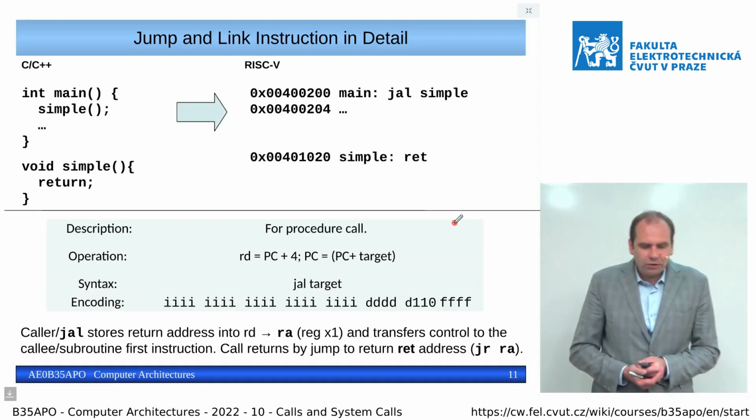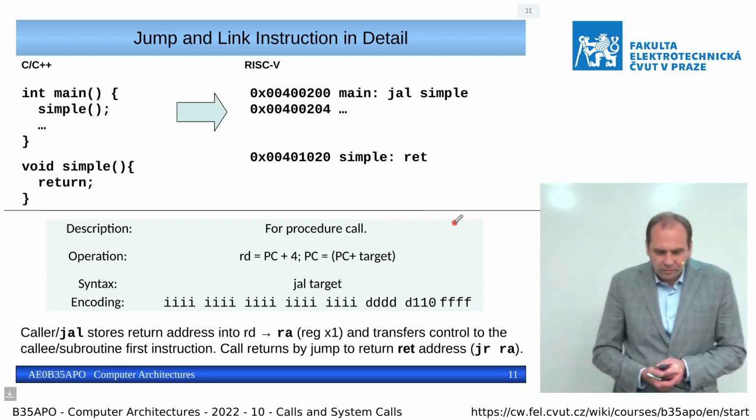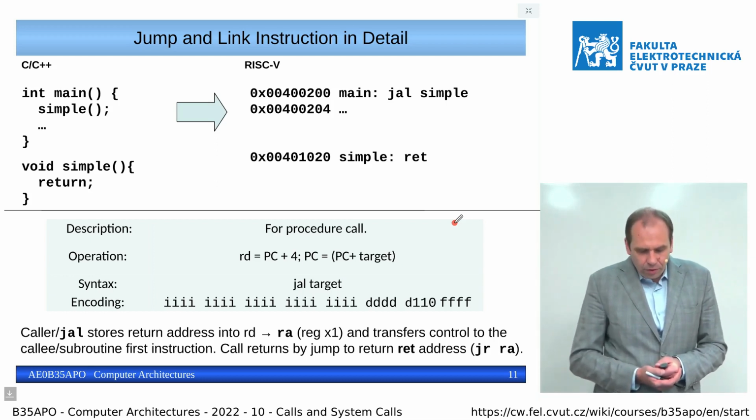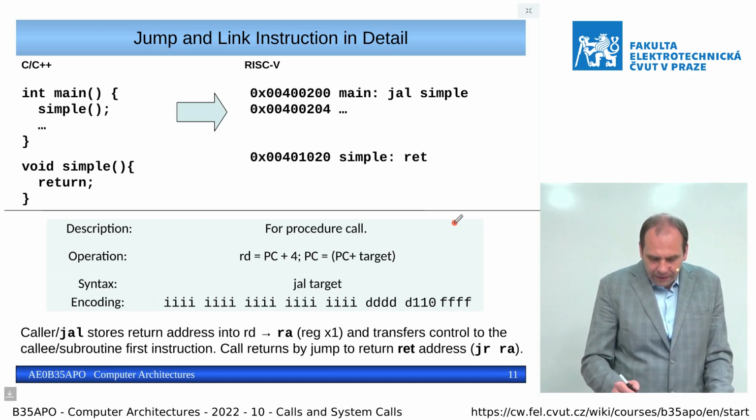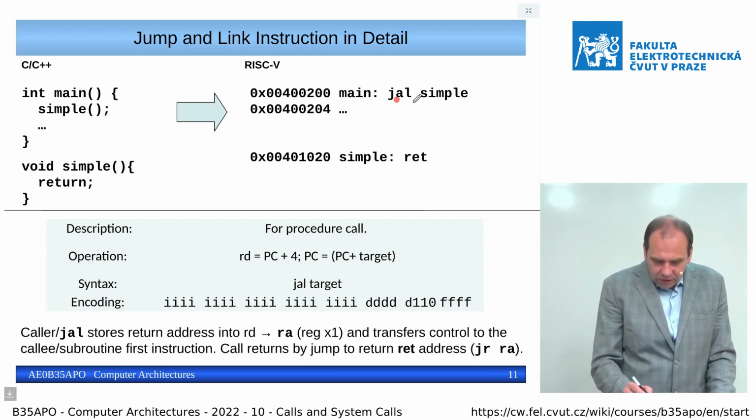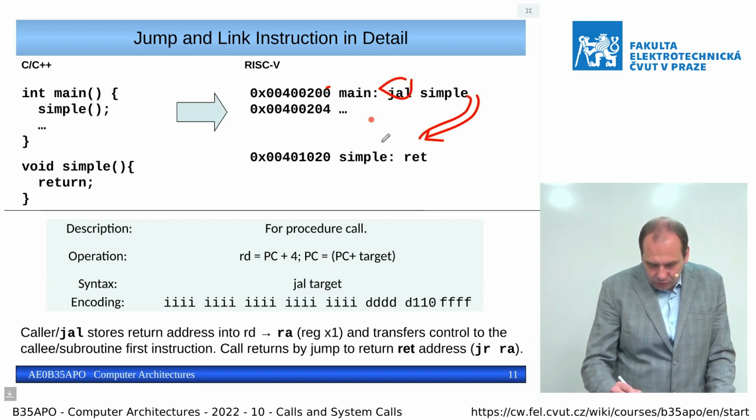Okay, the actual implementation in RISC-V would look something like this. There is a branch from this address to this address, and it looks like a jump and link to a simple address, the address of this label.